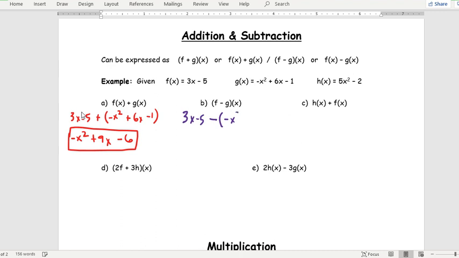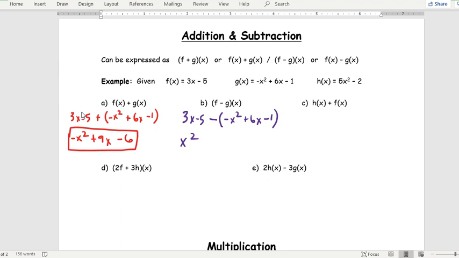So we have a negative x squared here plus a 6x minus 1. Now you can rewrite it if you would like to, but I'm just going to work through it as it is. So I don't have any quadratic or squared terms in the first function here. So we're going to go ahead and write this one first, but we are subtracting a negative x squared, which means positive. So we get a positive x squared there.